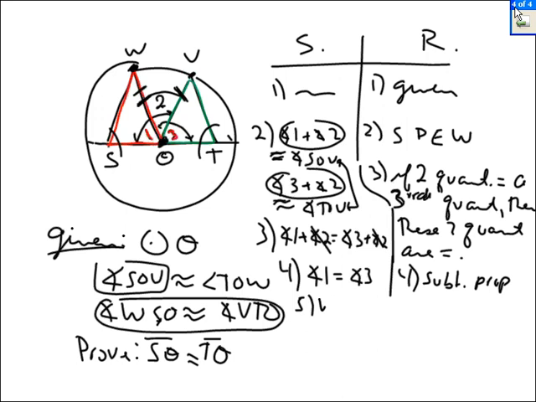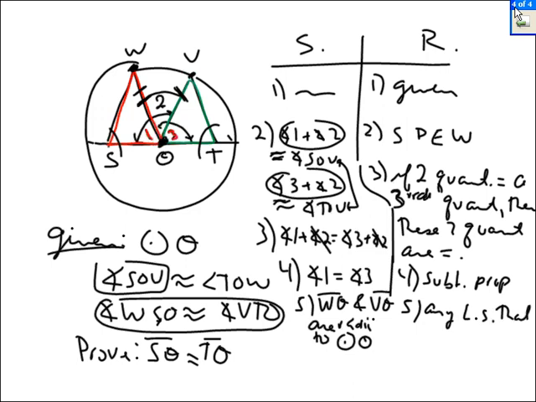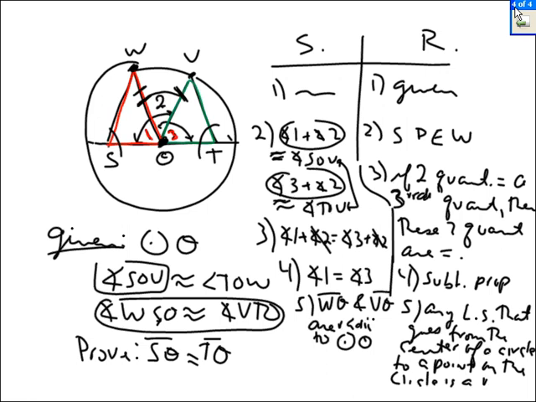Okay, so WO and VO are radii to circle O. And the reason is any line segment that goes from the center of a circle to a point on the circle is a radius.